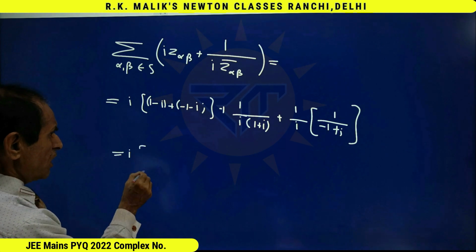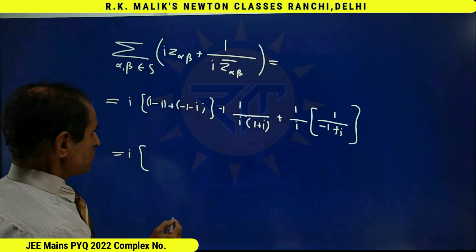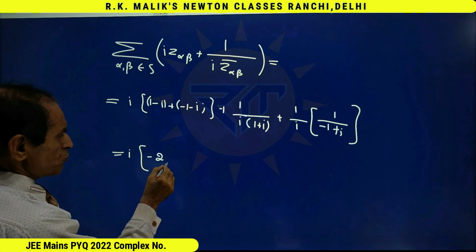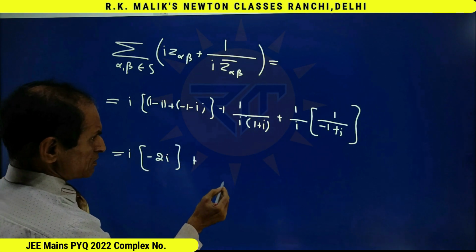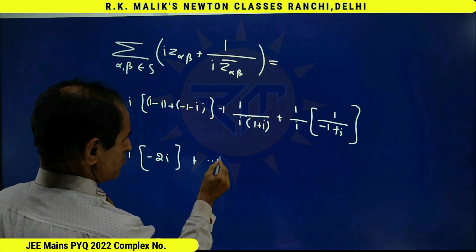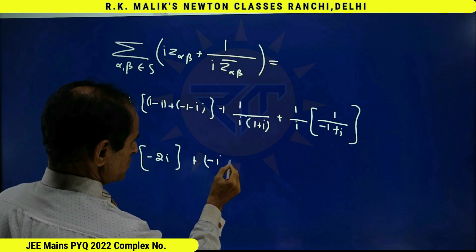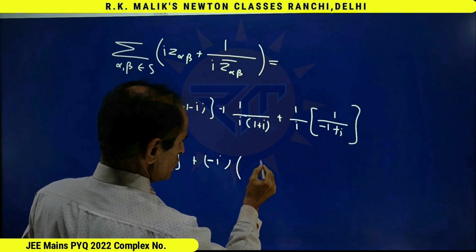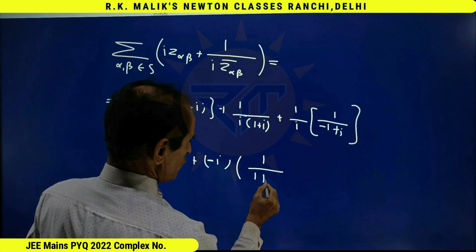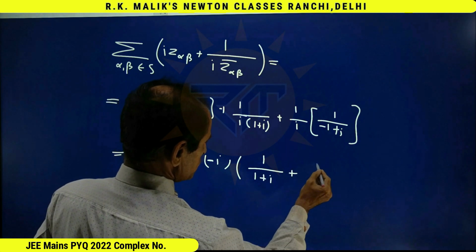That is i into minus 2i plus minus i into (1 upon 1 plus i plus 1 upon minus 1 plus i).